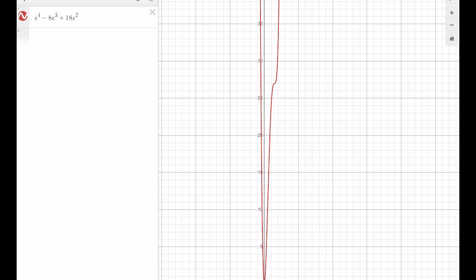And then it's concave downward from 1 to 3.